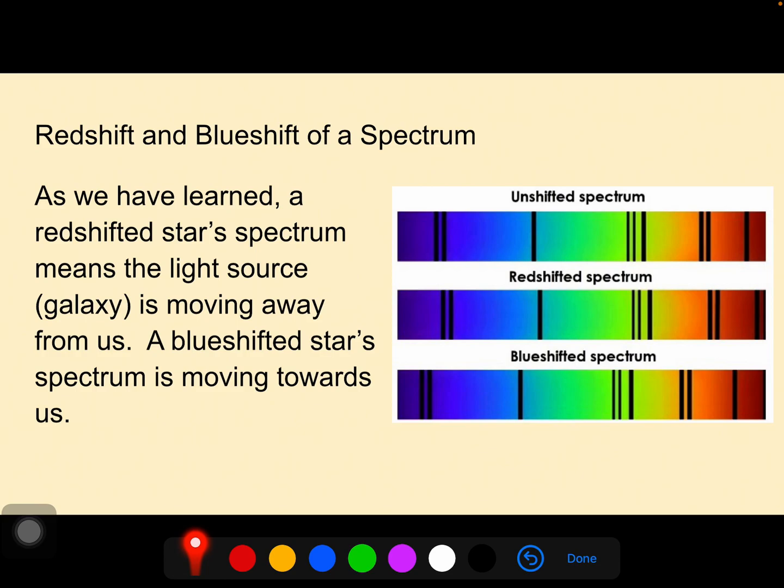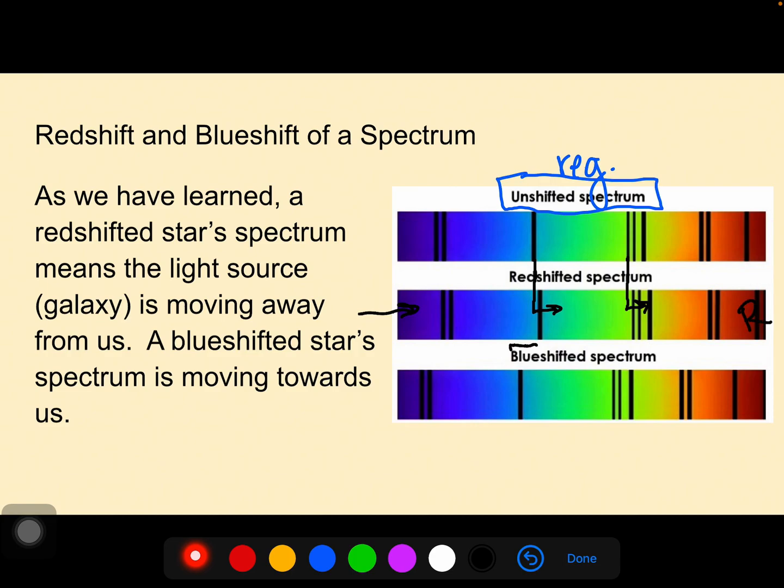We talked a lot about red shift, blue shift last unit. So just wanted to show you an example. Here's the regular or traditional spectrum, right? So now when I look at these spectral lines in the red shift, I can see instead of being in their correct location, they're shifted a little bit this direction, right, towards the red end.